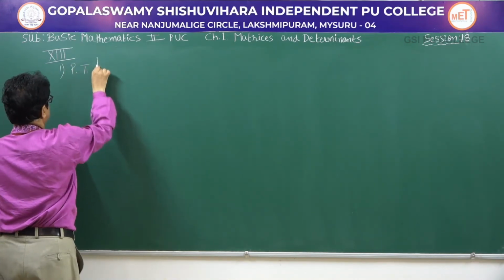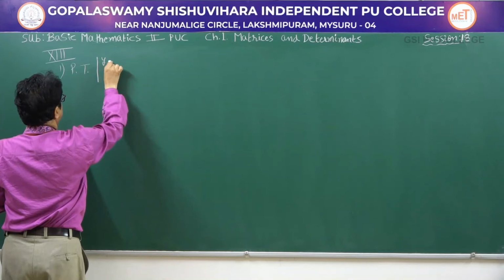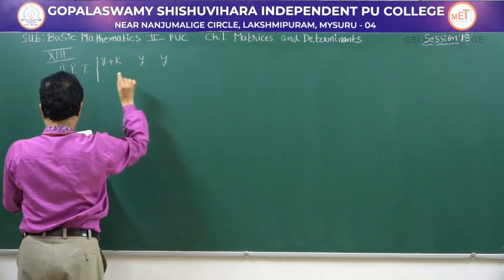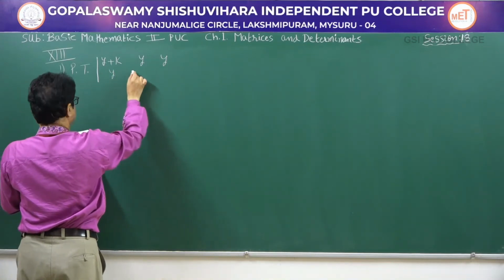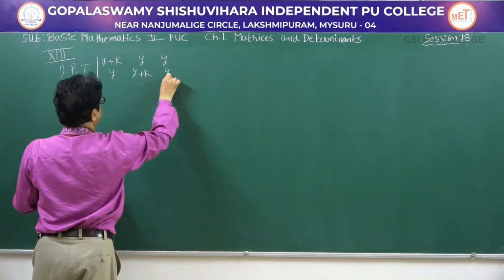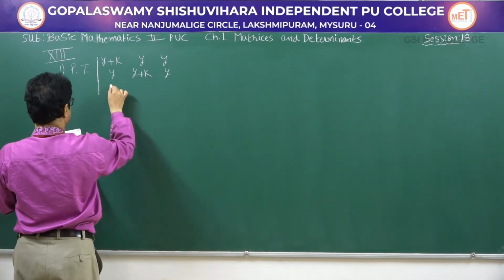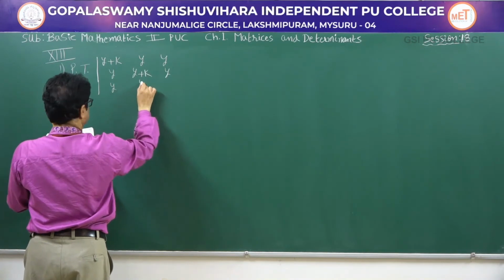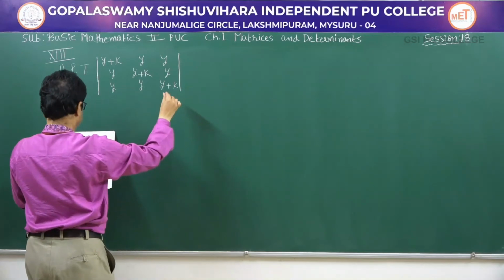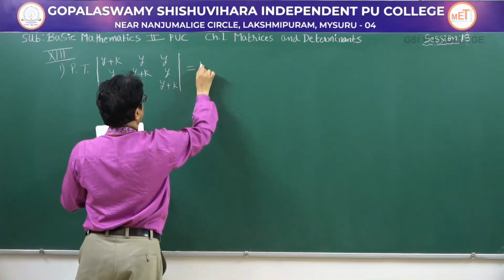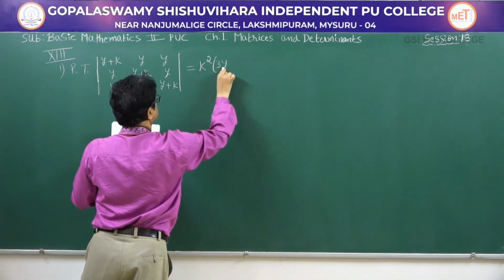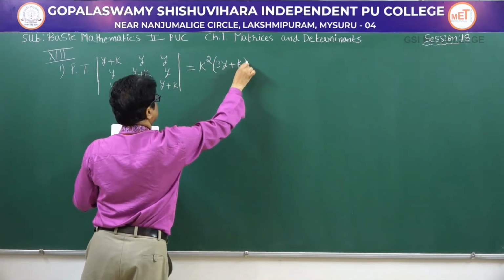Prove that determinant of y plus k, y, y; y, y plus k, y; y, y, y plus k is equal to k square into 3y plus k.